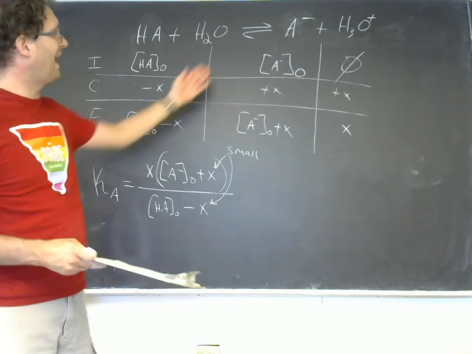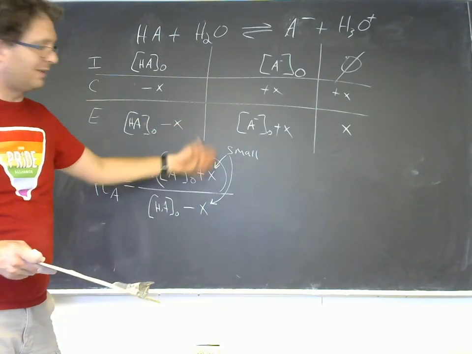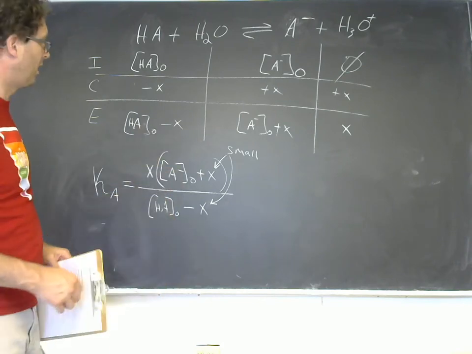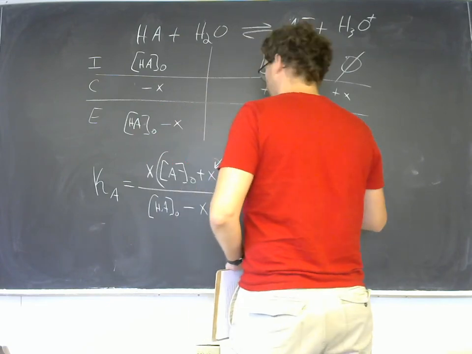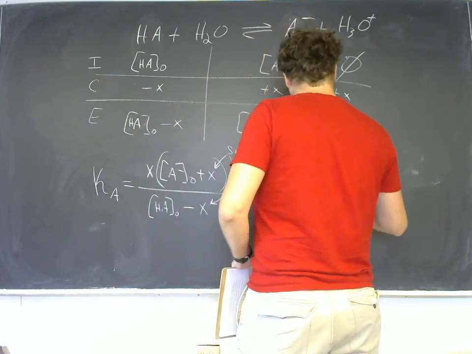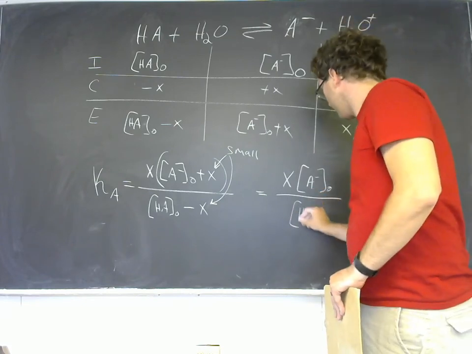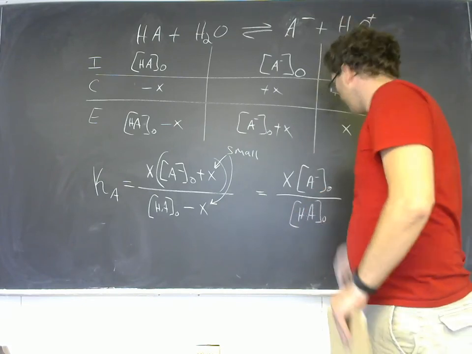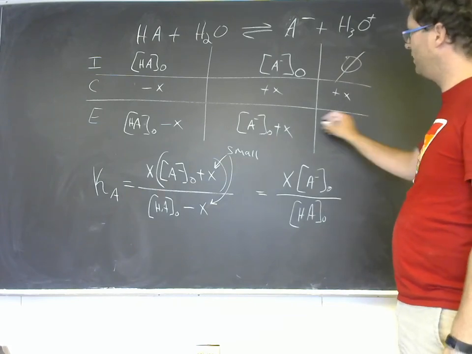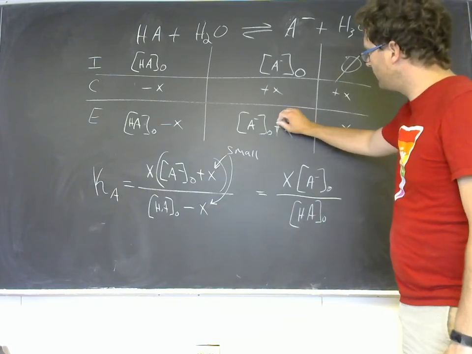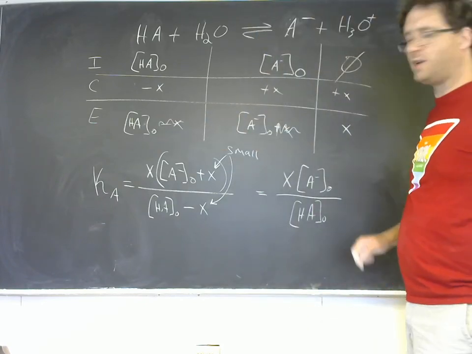Well, you add some conjugate base and the common ion effect, and it becomes even easier to justify ignoring the value of x. So Ka is going to equal x times the concentration of A minus naught over the concentration of HA naught. And what is x at this point? x is just your H3O plus concentration.